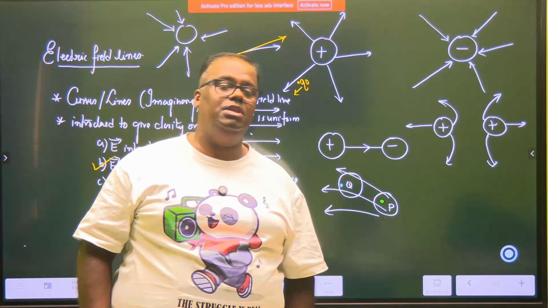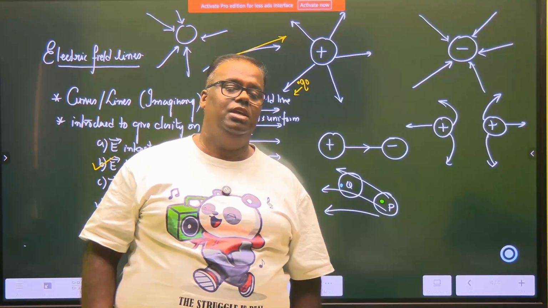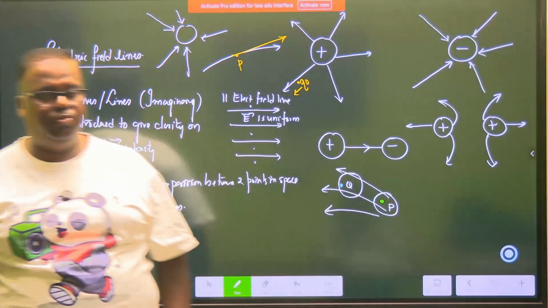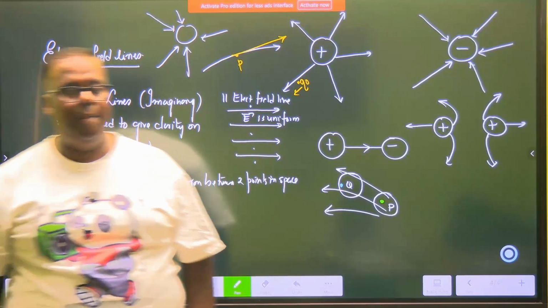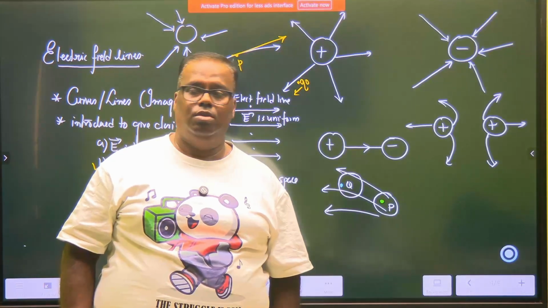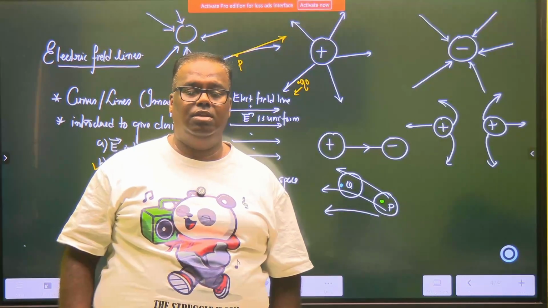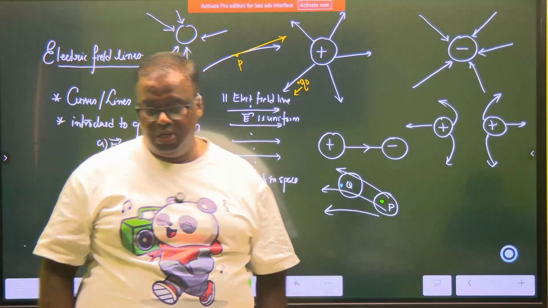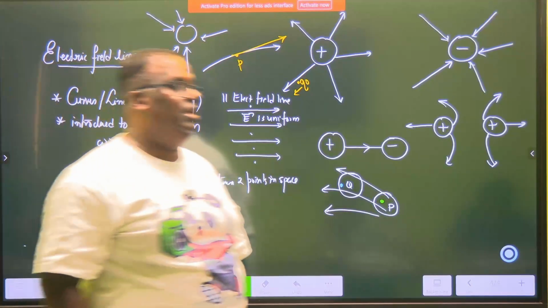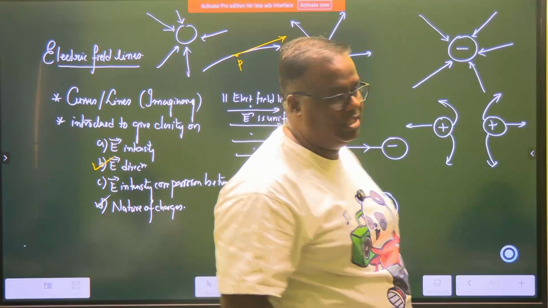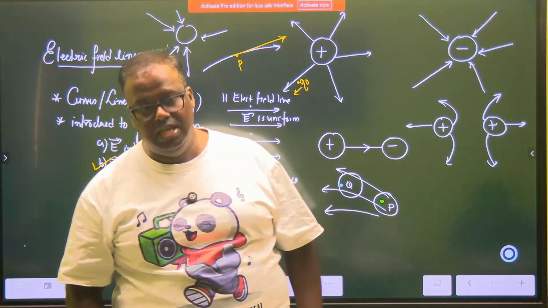E means you should write E as a vector, E with an arrow, net electric field, and now you write that E in brackets, and it will be succeeded by the word intensity. So you're trying to write net electric field intensity at that point.